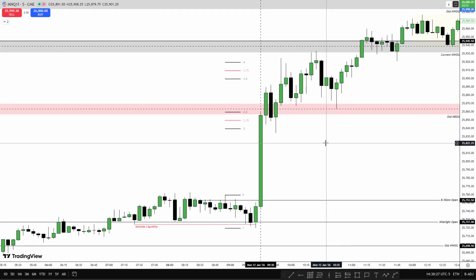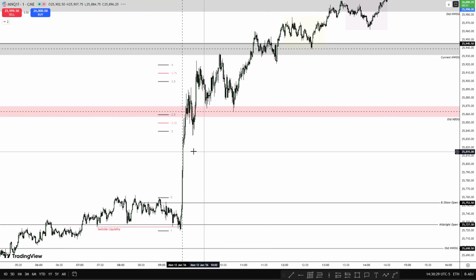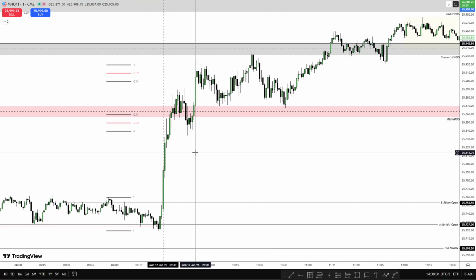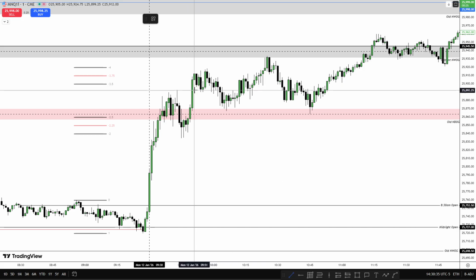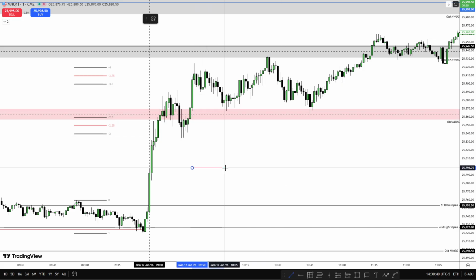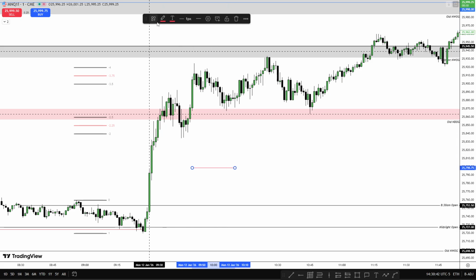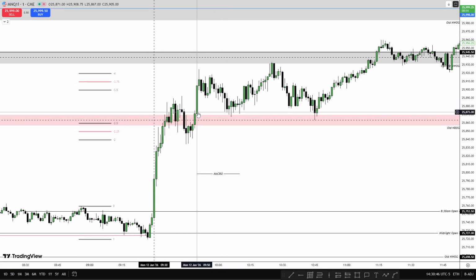So then on the 1-minute time frame, look at the time. Here, 9:50 right here, and 10:10 right here. That's a macro time. You can see the start of the macro time.